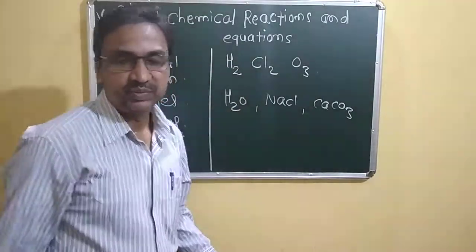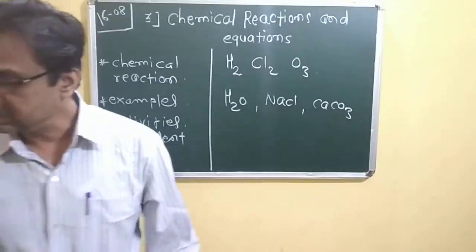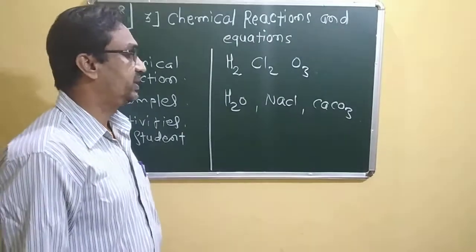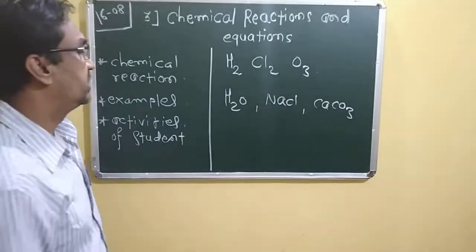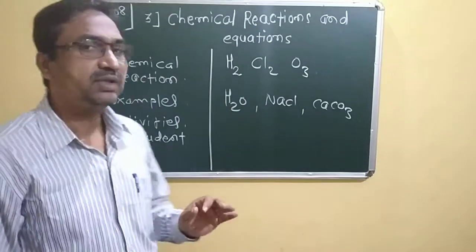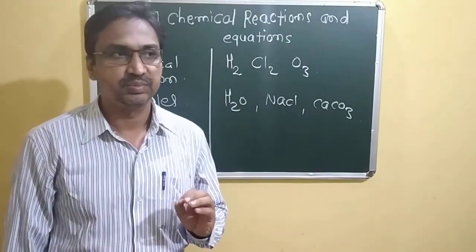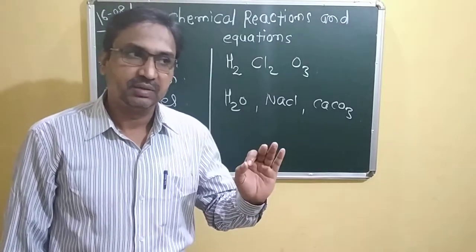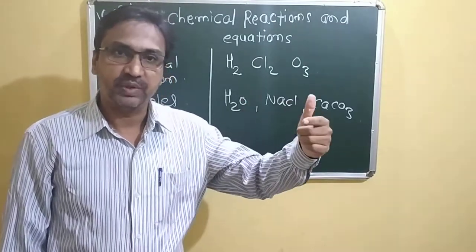After that, they have asked what is meant by the valency of an element. We already studied that valency is the number of electrons of an element in its last orbit, the valence orbit.